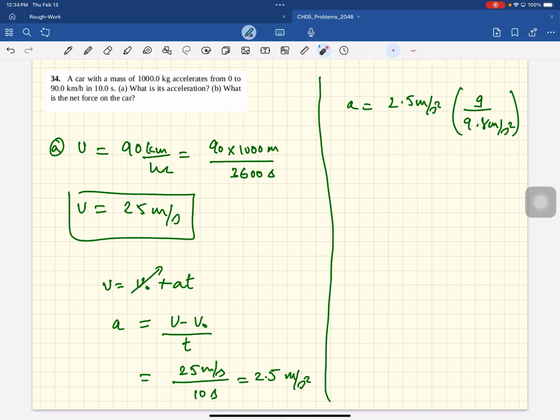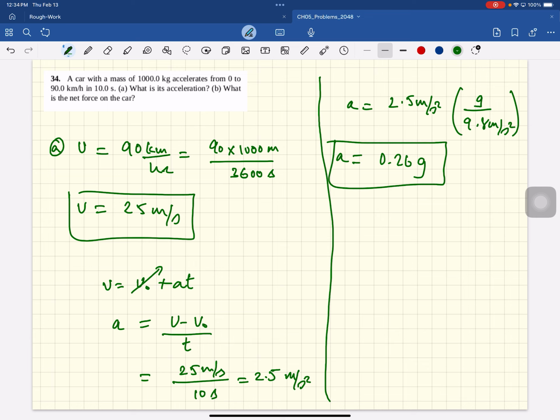I'm just writing this in terms of a different language, and you'll see in a second why. So 2.5 divided by 9.8 is 0.26 g.